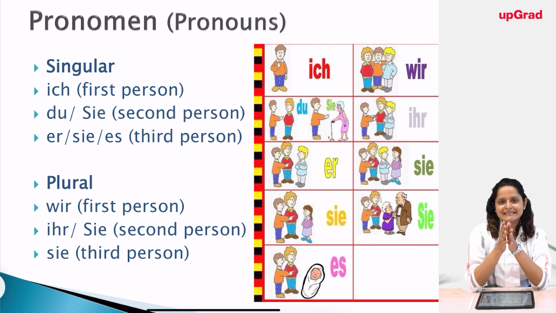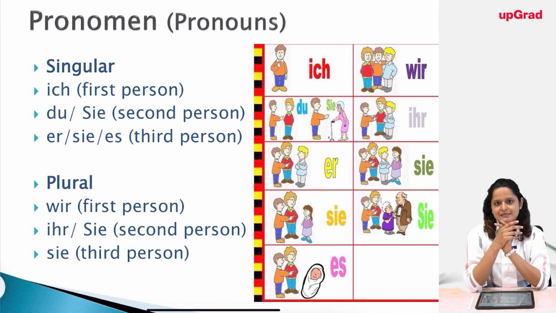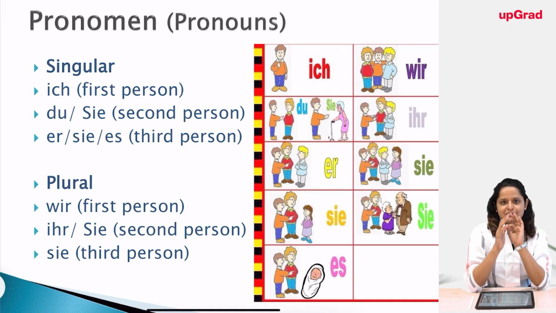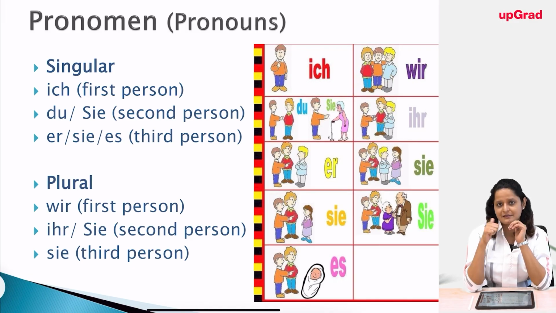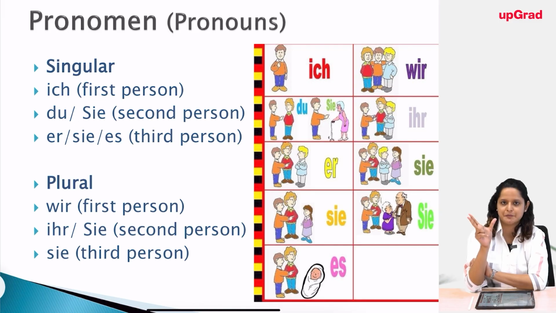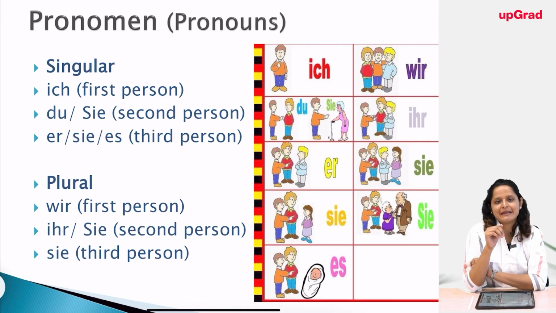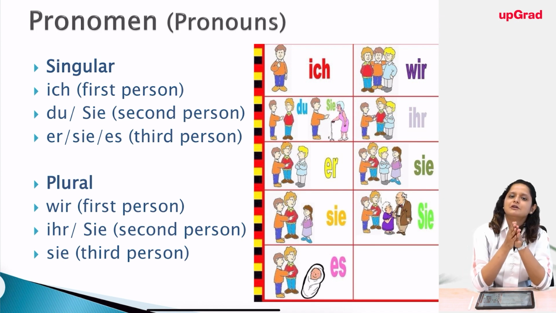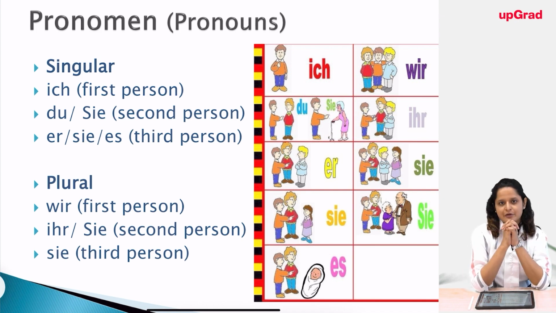It helps a great deal once we understand the pronouns that we can use when making statements or framing questions. You have 3 kinds of pronouns in general: a first person, a second person, and a third person. These 3 persons can be divided into singular pronouns and plural pronouns.